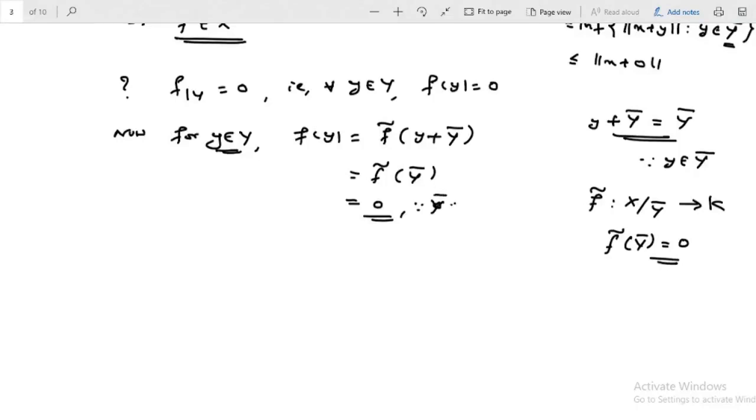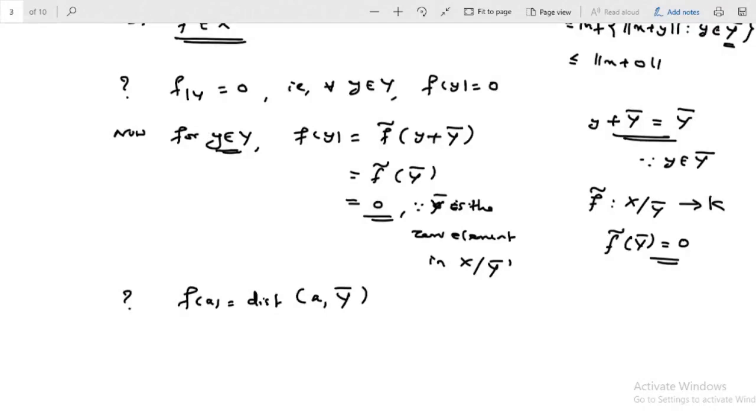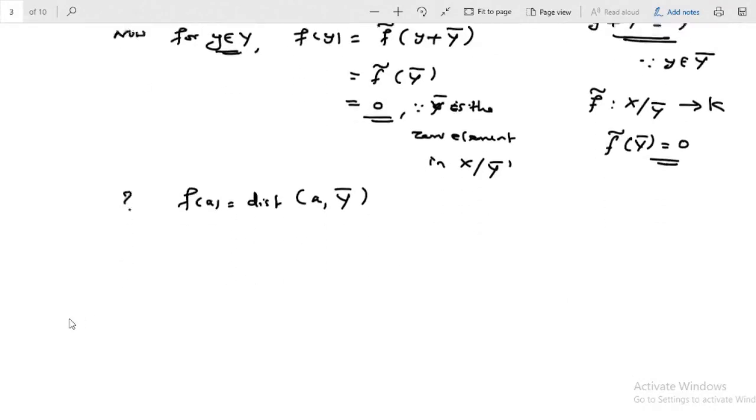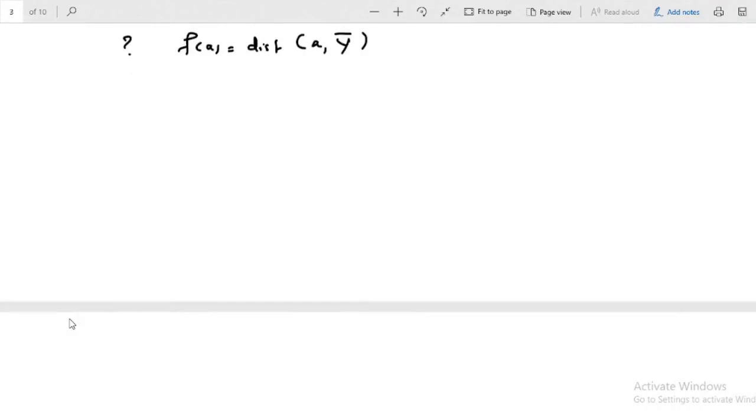And then next to prove, f of a is equal to distance between a and Y closure. What about f of a is equal to distance between a and Y closure?